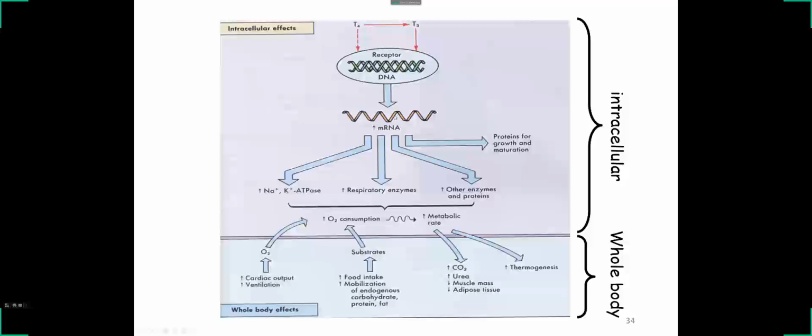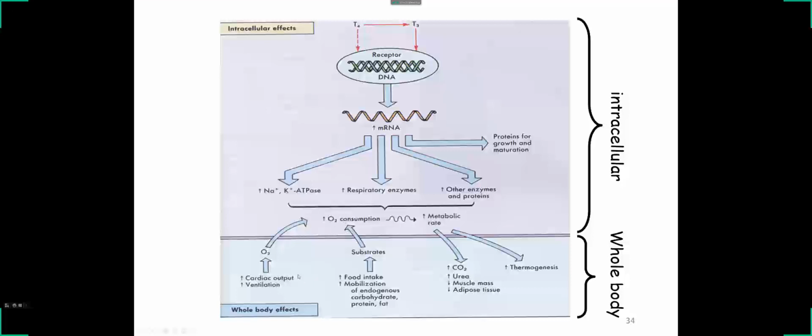It drives transcription of metabolic proteins, beta-adrenergic receptors, channels, myosin, and the respiratory enzymes and all these other proteins. This has an impact on our basal metabolic rate. It's going to alter our oxygen consumption, okay?